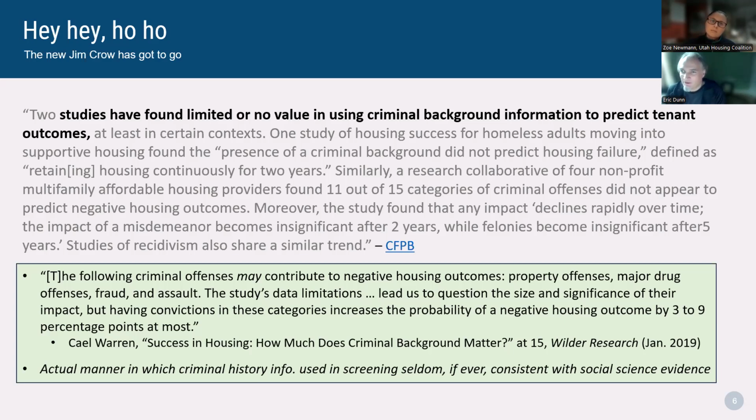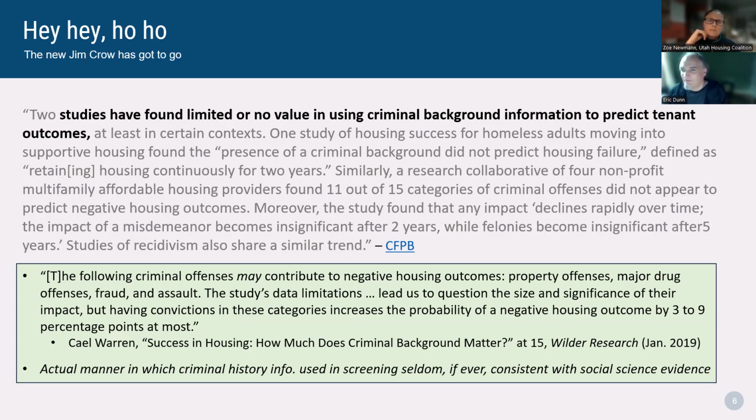Now, a negative housing outcome means that somebody winds up defaulting on the rent, or moving out owing money, or breaking the lease early, or something like that. It doesn't actually mean that they engaged in any kind of criminal activity, or that if they had a conviction for a certain type of crime, they did that sort of crime, or any crime again.